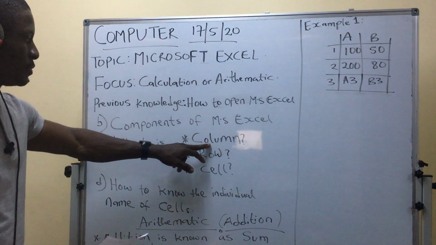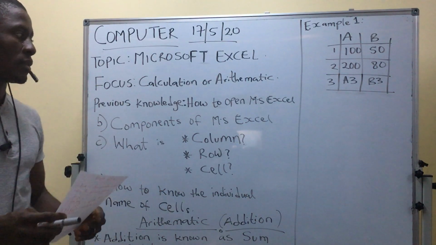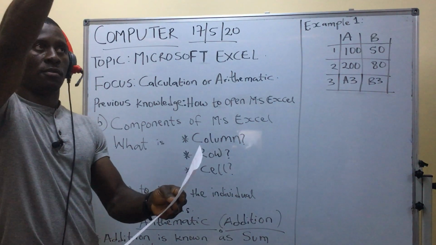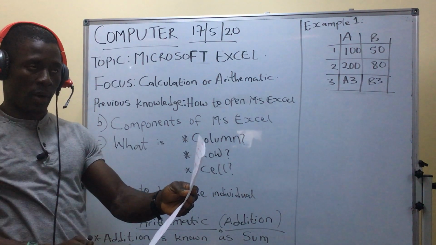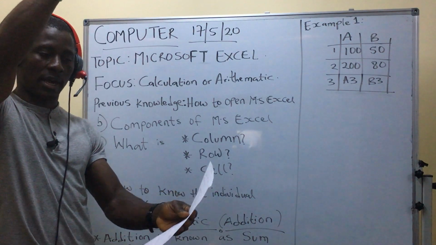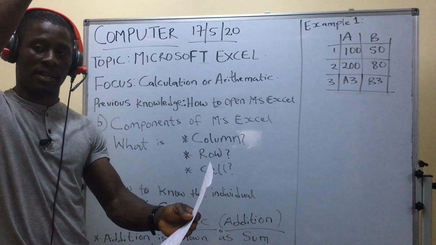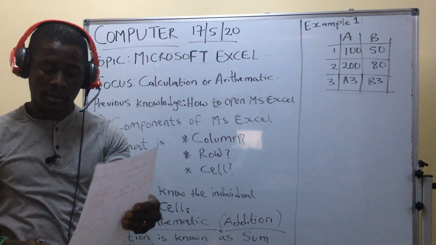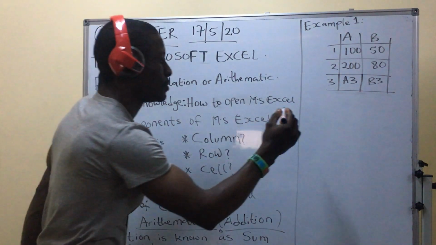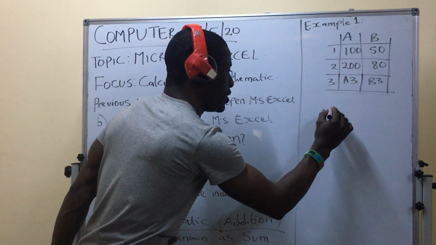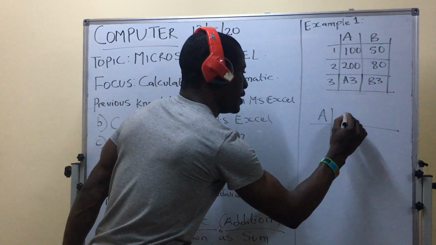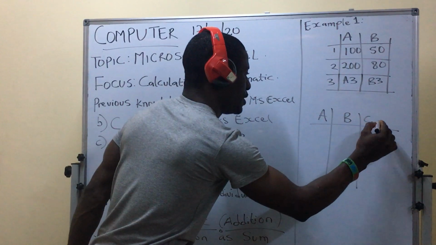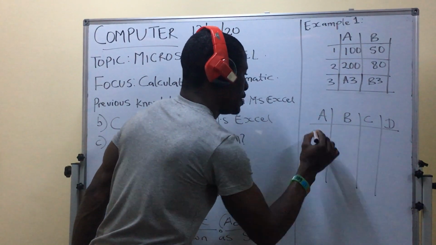So what is a column? A column on Microsoft Excel goes from up to down. For example, this is the Microsoft Excel environment: B, C, D.